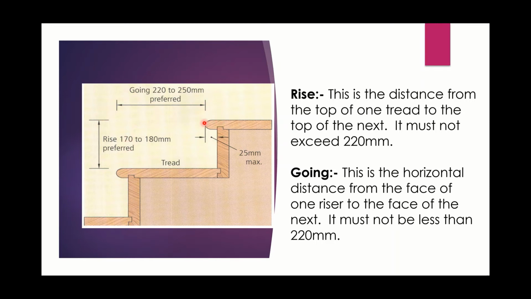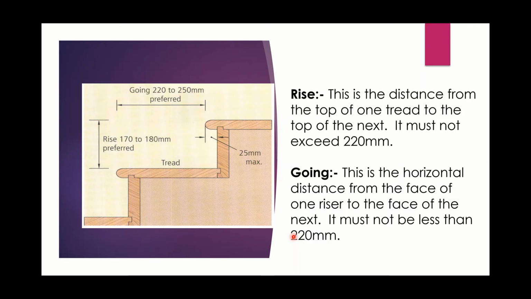This diagram is showing it from the front of the nosing to the front of that nosing there, but it's essentially the same distance. So this distance across there is called the going. If the going is less than 220, the step is not deemed to be big enough. So the going must be at least 220 to, I suppose, allow a standard size foot step on the step.